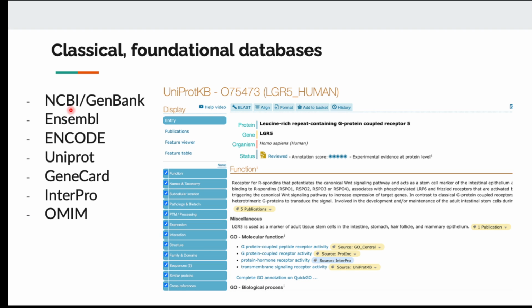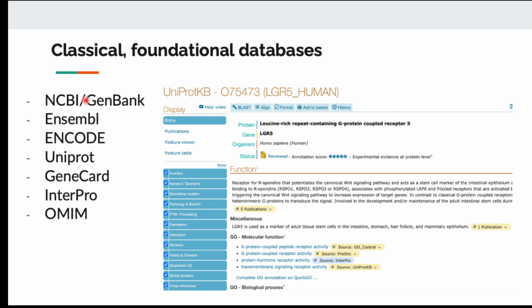And these are usually supported by the government, usually in the US, in the EU, or in Japan. So usually they are fully funded for the resources. And nowadays, I think China is also building their own this type of knowledge base as well.